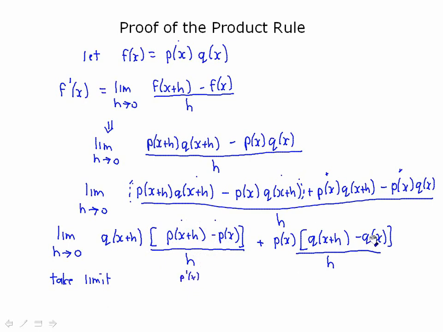Just like q at x plus h minus q at x over h for the second grouping is q prime at x. So when we take the limit, in fact, we don't substitute it in, we just change it into another form, the derivative. So I'm going to bring up a new screen just to finish this one off.